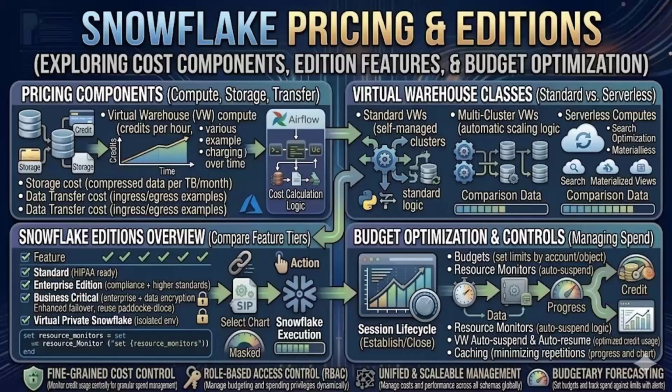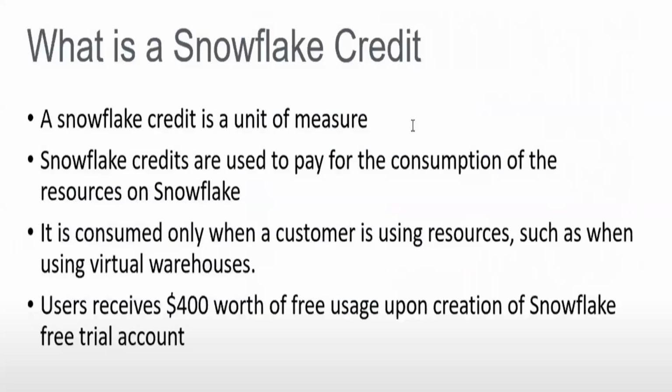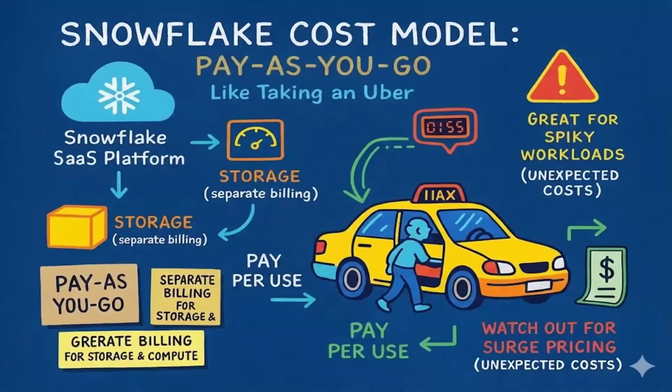These credits are calculated in different ways. There are some factors by which Snowflake consumes these credits, and the cost components vary by Snowflake edition. We have different Snowflake editions. The account you created as a free account might be the Snowflake Enterprise edition.